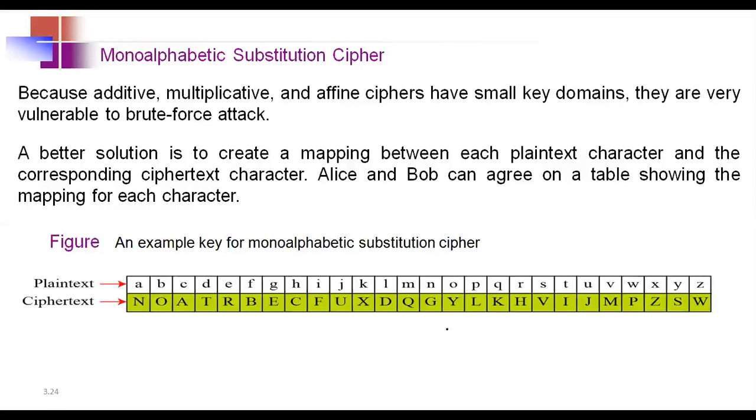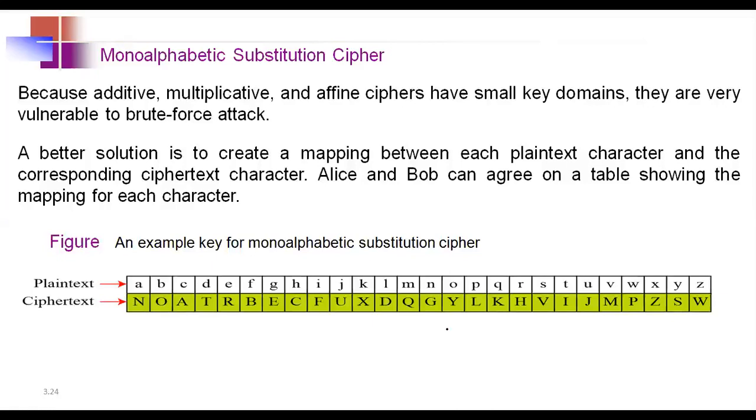Then he tries with K value 1, then K value 2. Like that he will try all the possibilities. Then he will get the final plain text. That's why a better solution is to create a mapping between each plain character and the corresponding ciphertext character.